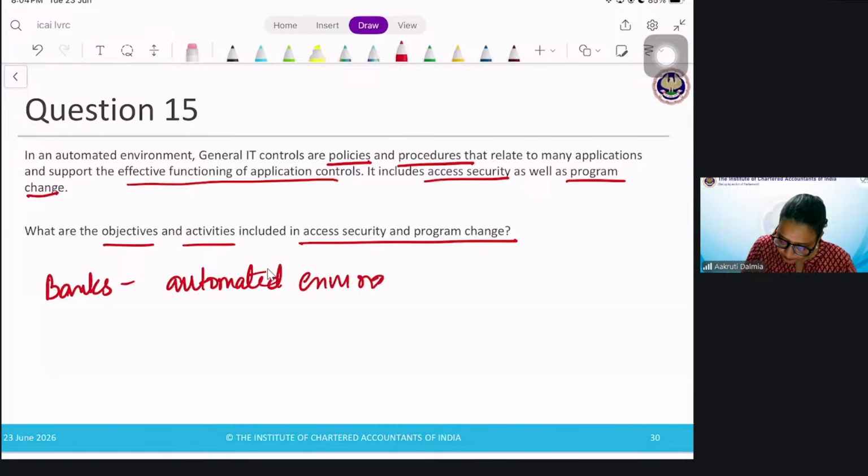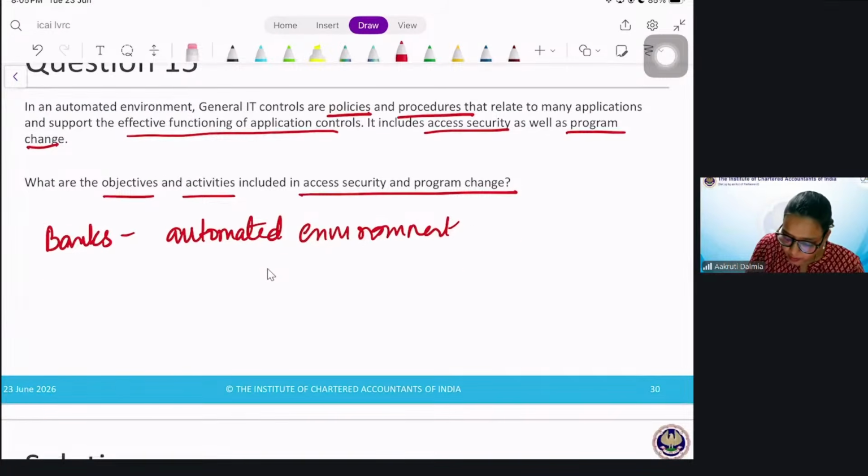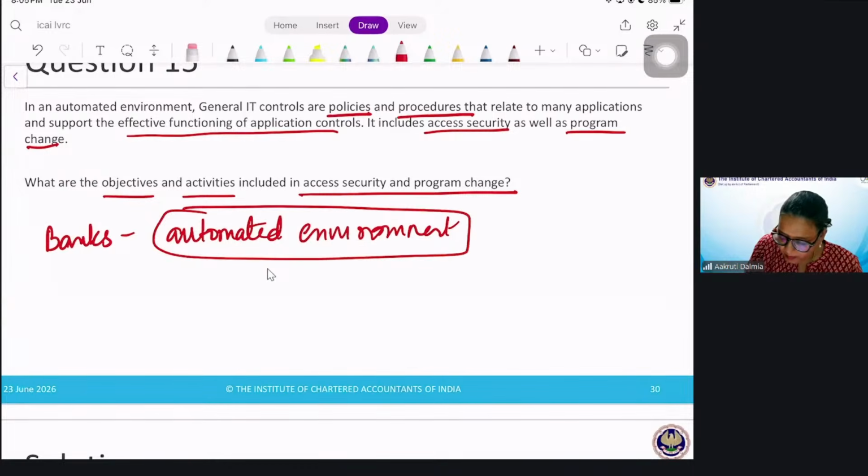Paying interest quarterly, charging interest from you on the basis of loans, or check return charges, which may be manual also. But what is that? Low balance charges, minimum balance charge, all these are automated. So in an automated environment, the bank will have general IT control.